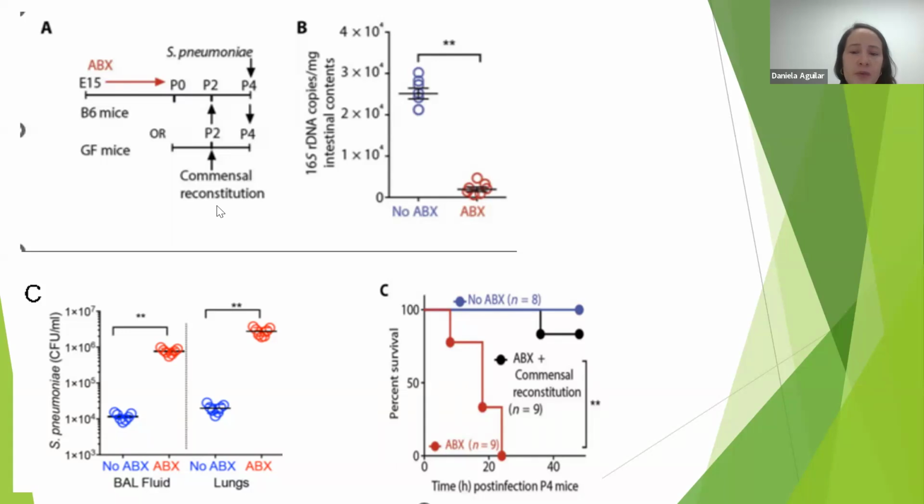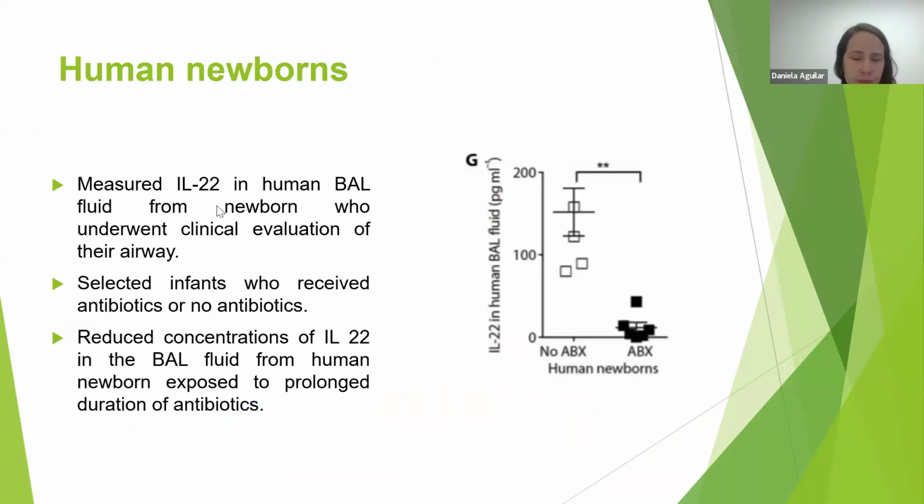At the same time, they proved that commensal bacterial reconstitution in antibiotic-exposed mice increased protection to pneumonia and increased survival. To understand the clinical relevance of these findings, they used human samples. They obtained samples from neonates between 34 to 40 weeks of gestational age, in 15 babies treated with antibiotics or not.